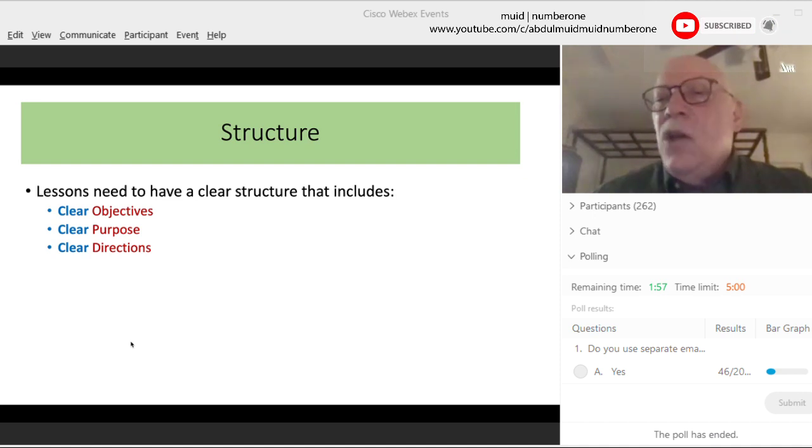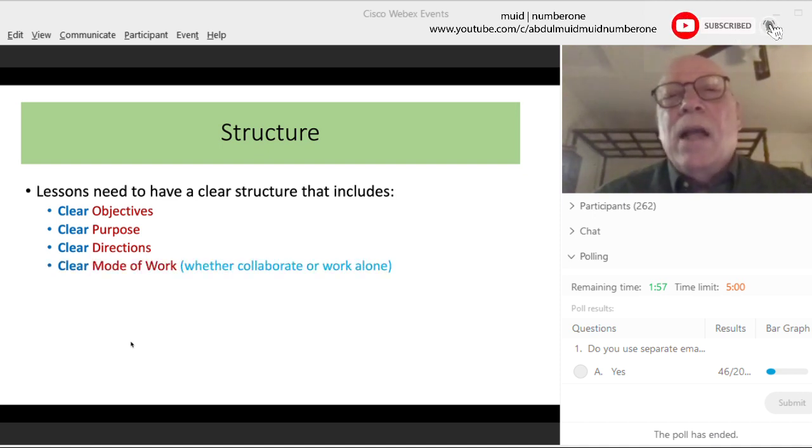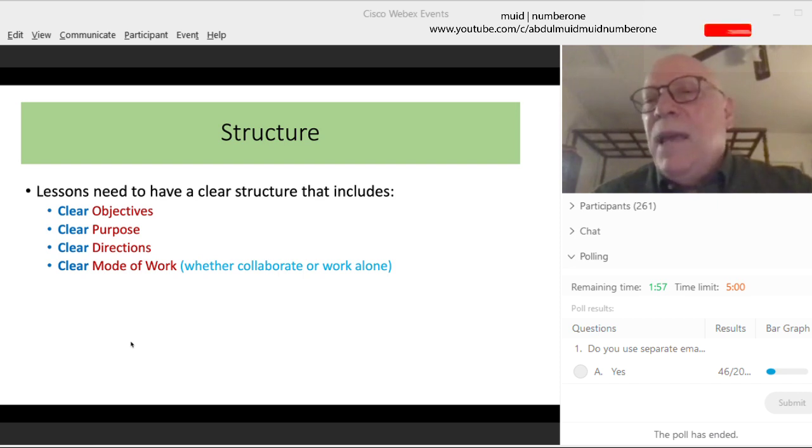Because again, you can't see their faces, you can't see their body language, you can't walk around and look at them as they're working sometimes. And so you really don't know much. So you need to make sure your directions are very clear, the purpose is clear, and the objectives are clear. And the mode of work needs to be also made very clear.